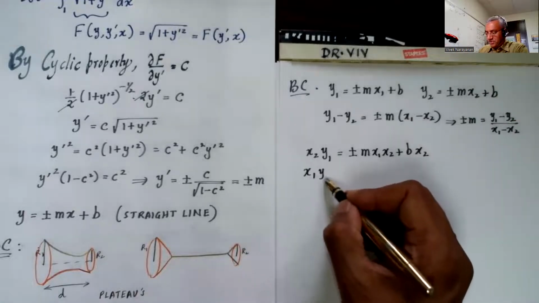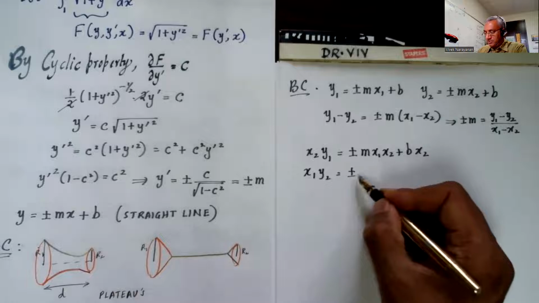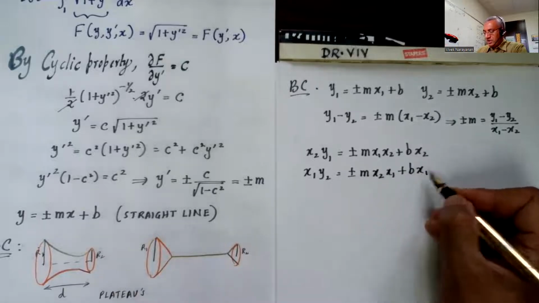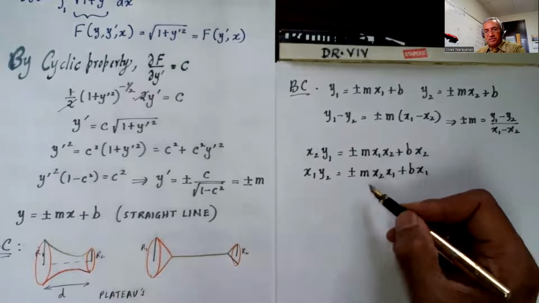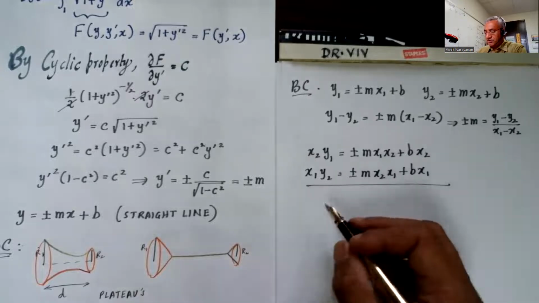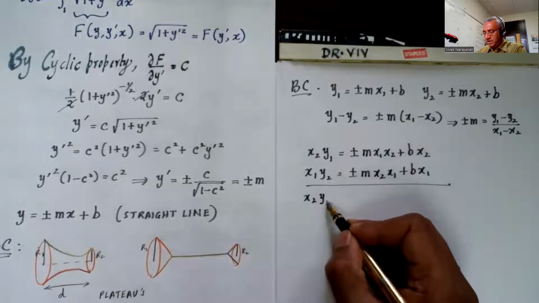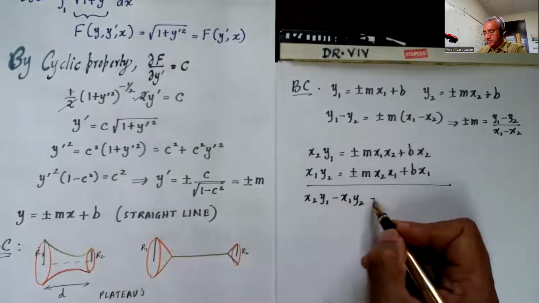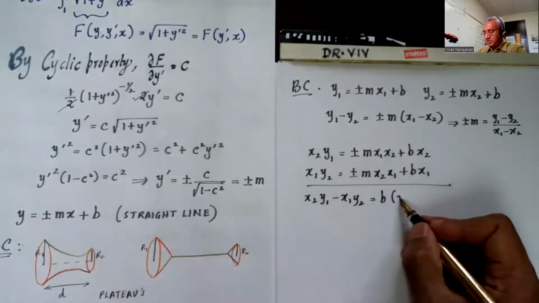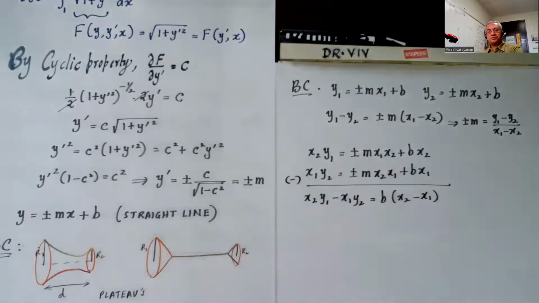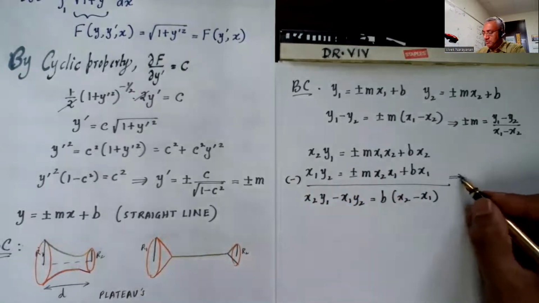So x1 y2 is going to be plus or minus m x2 x1 plus b x1. Well, x1 x2 is the same as x2 x1. So if I subtract these two equations, I'm going to get my value of b. So x2 y1 minus x1 y2 is equal to b times x2 minus x1. Here I've subtracted the two equations, and that immediately gives me my constant b.